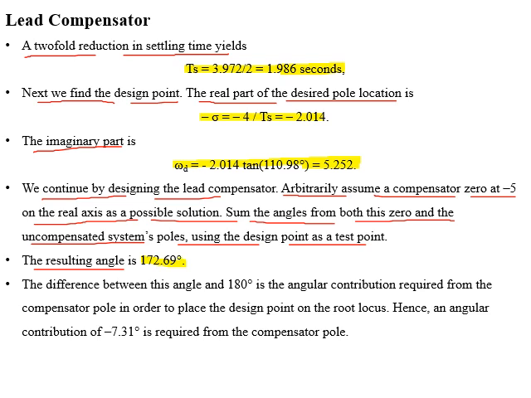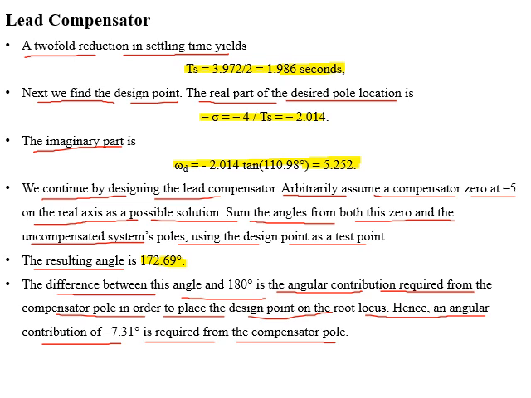The sum of angles here equals 172.69. The difference between this angle and 180 degrees is the angular contribution required from the compensator pole in order to make the new design point a part of the root locus. So an angular contribution of minus 7.31 degrees is required from the compensator pole.